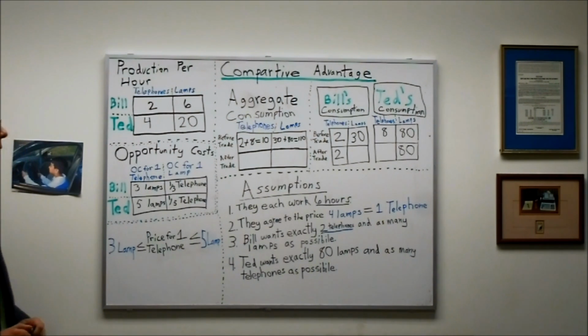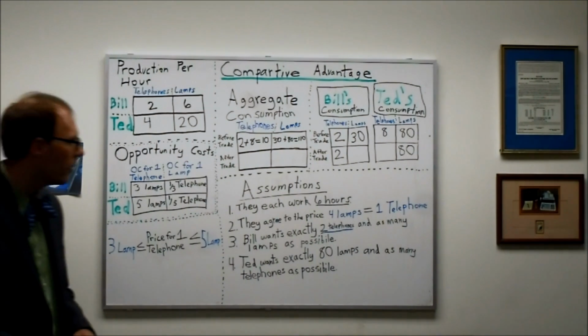Since we know it's better for Bill and Ted to trade, the more they can trade, the more they should have in terms of stuff. Ted can make 40 lamps. Bill can make 10 telephones.